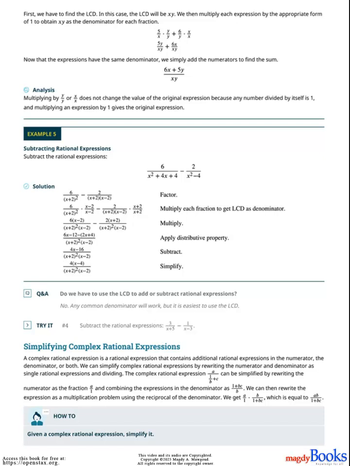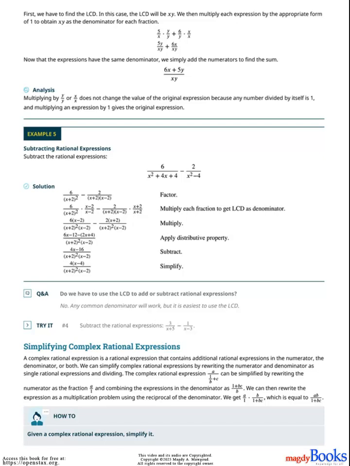5/x · y/y + 6/y · x/x = 5y/xy + 6x/xy. Now that the expressions have the same denominator, we simply add the numerators to find the sum: (6x + 5y)/xy.